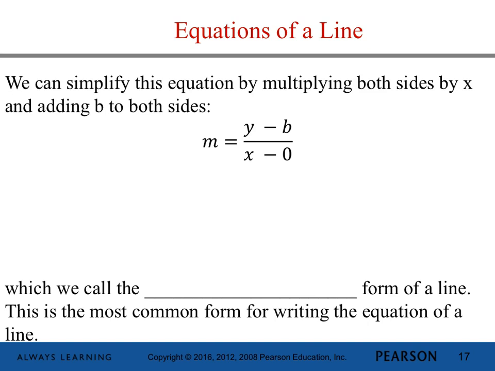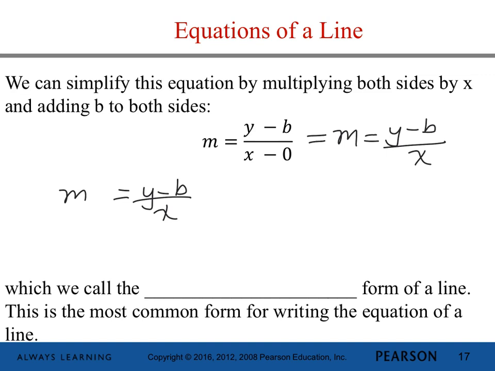So once again, m equals y minus b over x. In order to solve this for y, we'll multiply both sides by x.